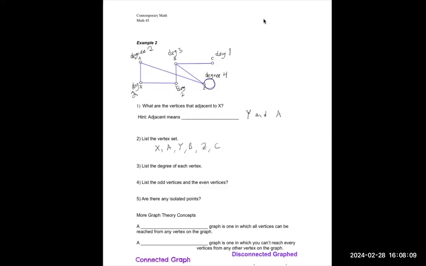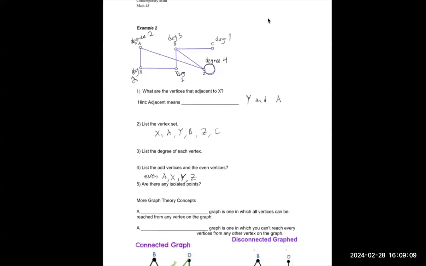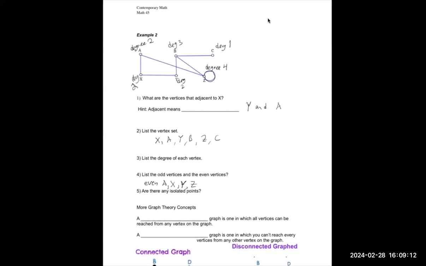So the even vertices are A, X, Y, and Z. A has degree 2, X has degree 2, Y has degree 2, and Z has degree 4. So those are all the even vertices.